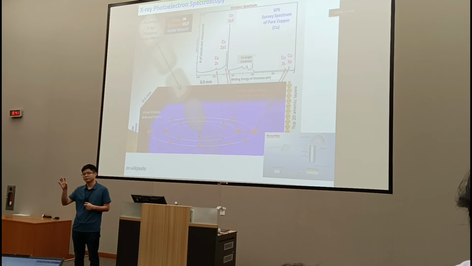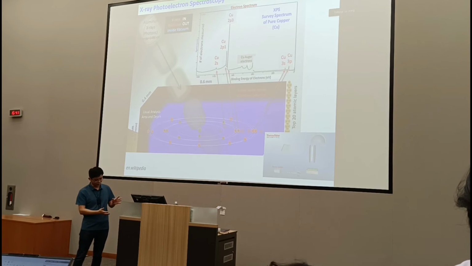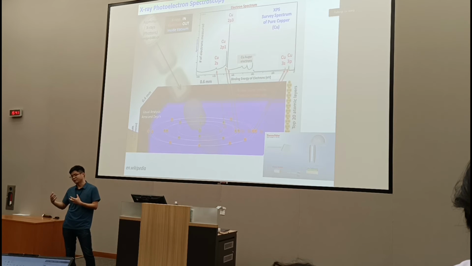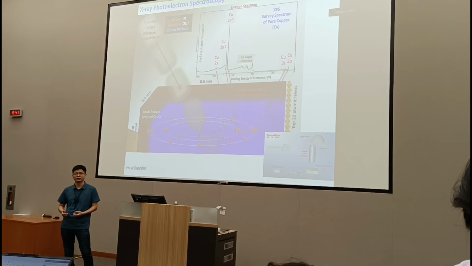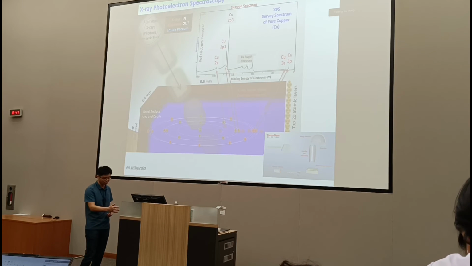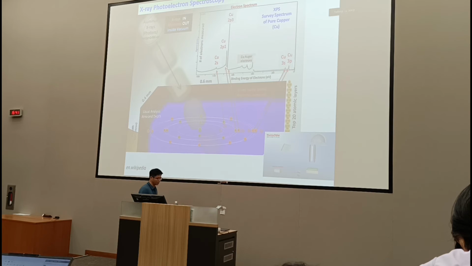You can use electrons as a probing source, or photons. Let them interact with your materials. After the interactions, they carry some information. Then you analyze the particles that escape from your materials, and they tell you the information associated with your material. That basically applies to all the characterization techniques.